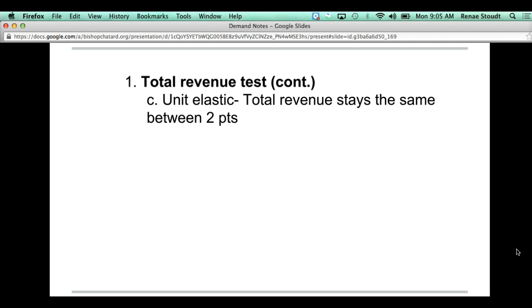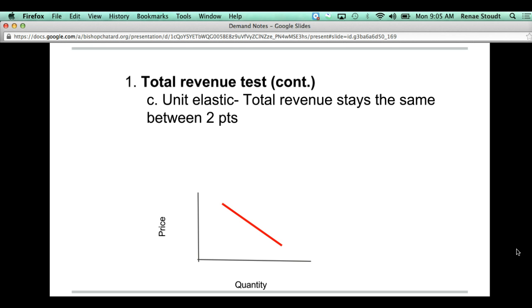Horizontal? We had mostly horizontal for elastic. Inelastic was mostly vertical. What do you suppose is going to be unit elastic? Diagonal? Yes. So it's going to be a perfectly diagonal line.